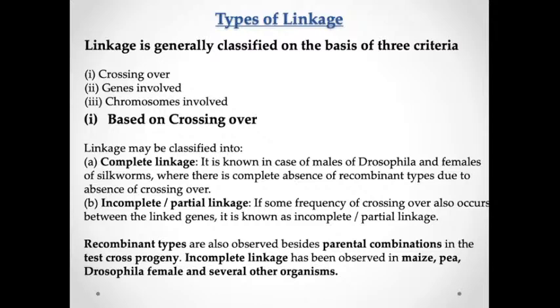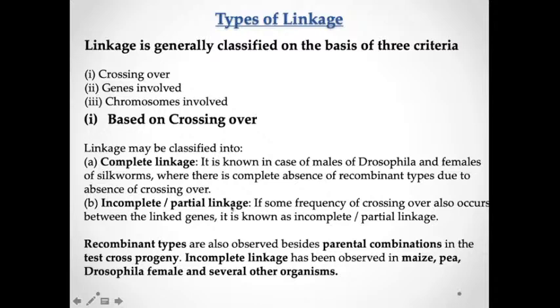The types of linkages are classified into three types based on crossing over, genes involved, and chromosomes involved. Based on crossing over, linkage may be classified into complete linkage and incomplete linkage. Complete linkage is known in the case of males of Drosophila and females of silkworms, where there is a complete absence of recombinant types due to the absence of crossing over.